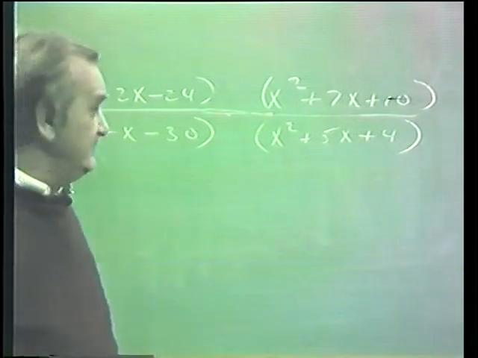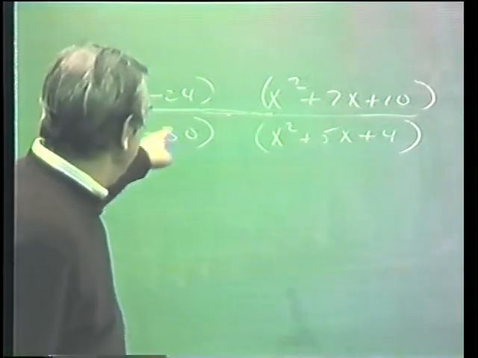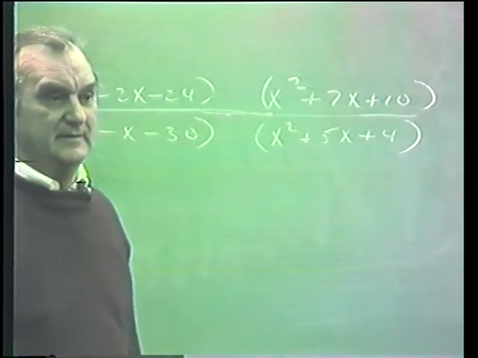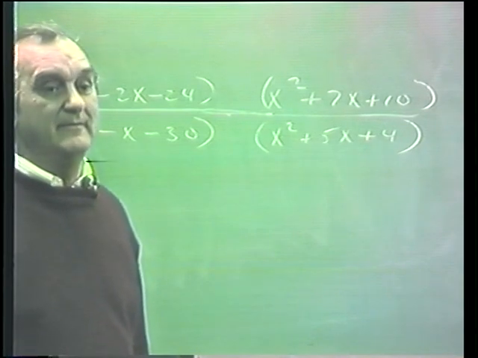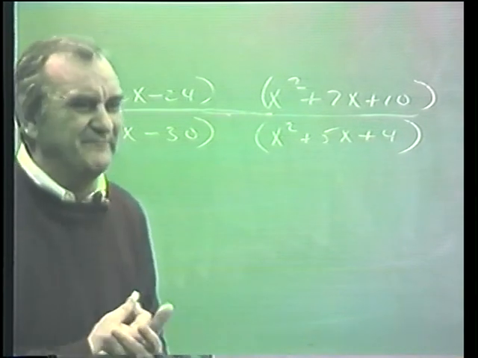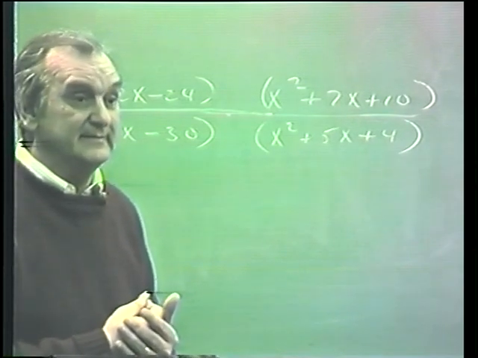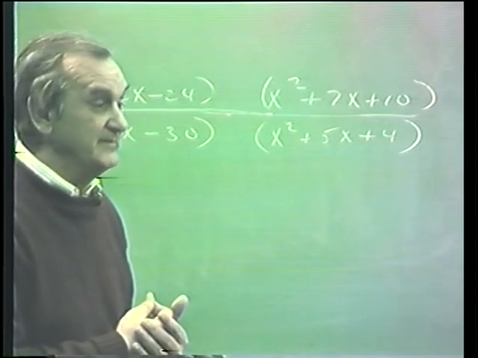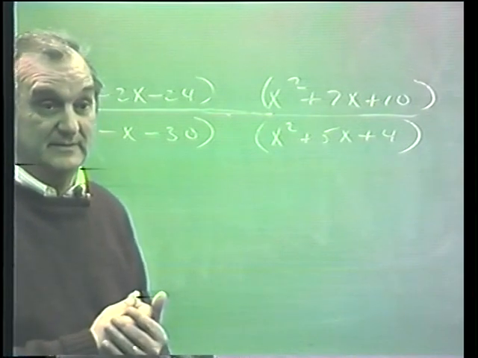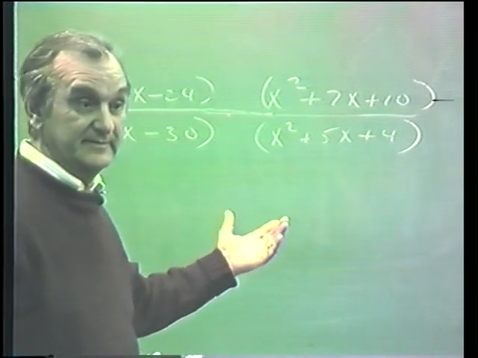That's what it says to do. A times C, B times D. What are we going to have to do now? Factor. Why are we going to factor? To see if we can simplify it, see if we can reduce it. We have to factor it.